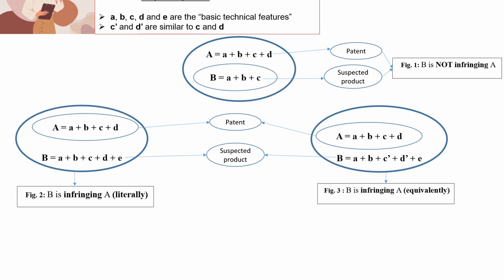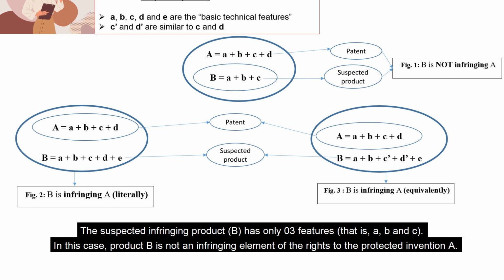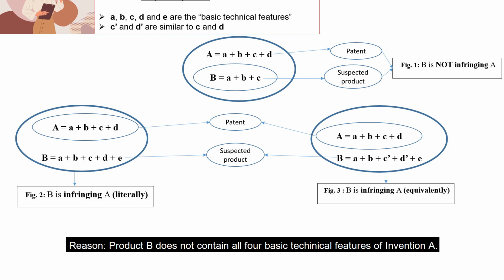Figure 1, B does not infringe A. The protected invention A includes 4 basic technical features, that is A, B, C, and D. The suspected infringing product B has only 3 features, that is A, B, and C. In this case, product B is not an infringing element of the rights to the protected invention A. Reason: product B does not contain all 4 basic technical features of the invention A.